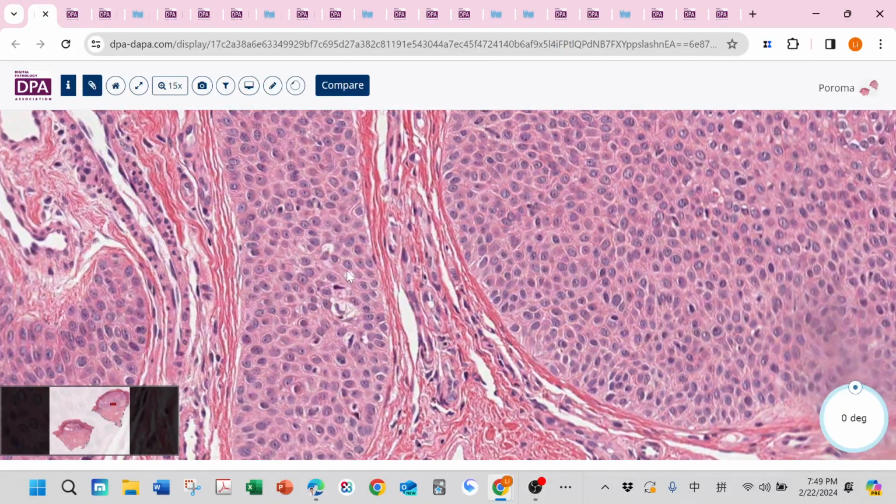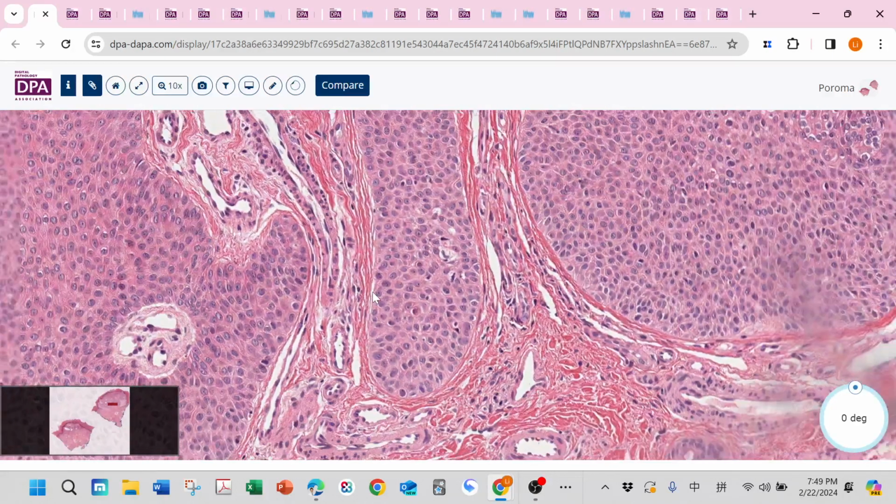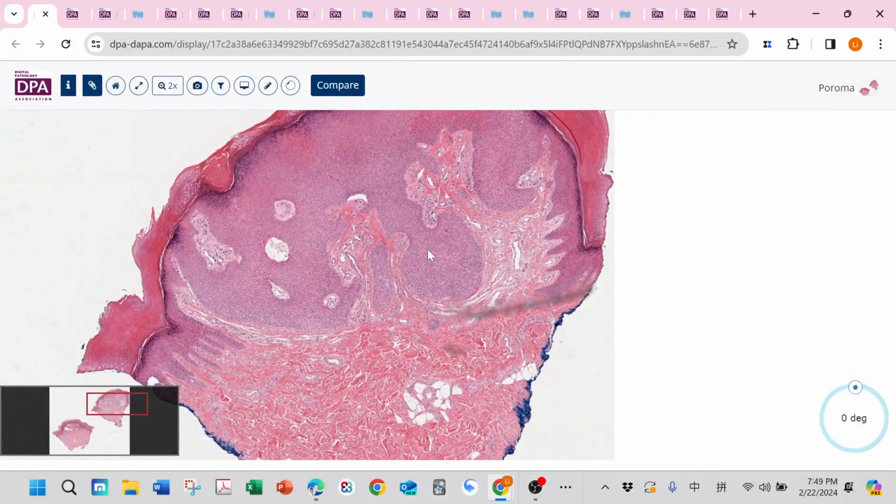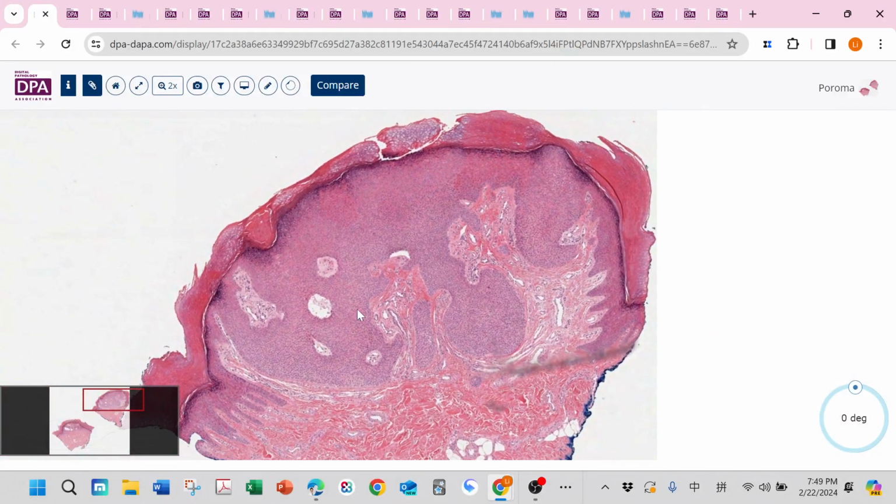Like this one, it looks like a duct. So combining all of these features, this is another poroma. When we talk about more, you may also think, could it be trichilemmoma? I have an example of trichilemmoma, so let's keep this slide and then continue.